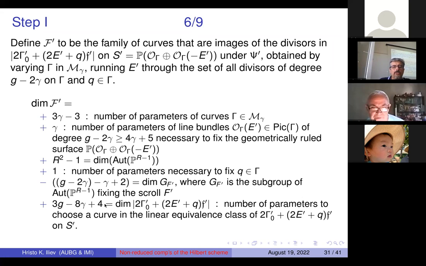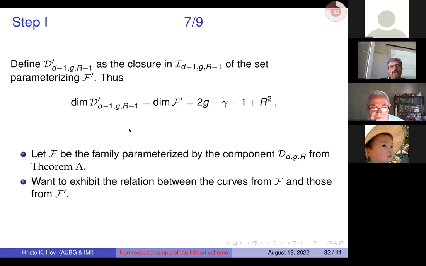And then finally, I have to compute the dimension of the linear series from which I choose the divisors. That's how I compute the dimension of the family F prime. And the computation gives me this number for the dimension of the family: it is 2G minus gamma minus 1 plus R squared, as here.